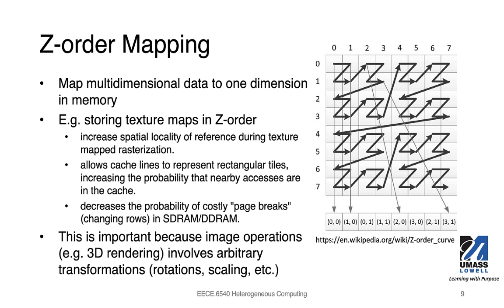This kind of organization is important because image operations can involve many arbitrary transformations, rotations, and scaling. Using this kind of specialized mapping will help us improve locality and performance. So as you can imagine, image objects can be utilized to facilitate this kind of mapping.